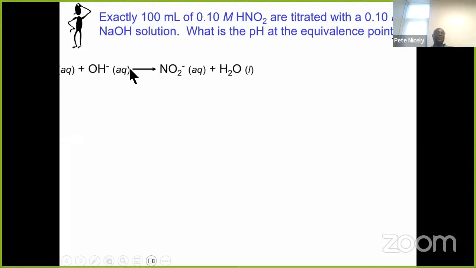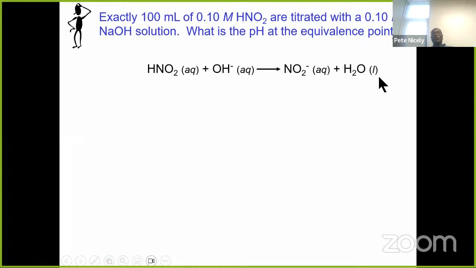Okay, so the first thing I would do is write down the equation for the reaction between the nitrous acid and the sodium hydroxide, which provides the hydroxide ion. So this would be the balanced equation. It's an acid-base reaction, so it's not reversible. The reaction will go in one direction.